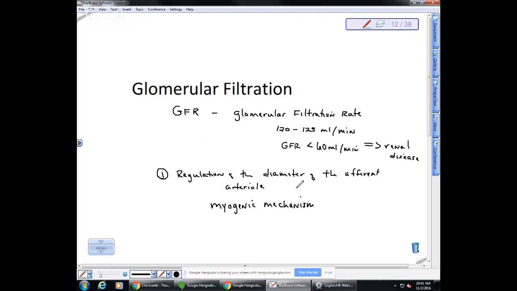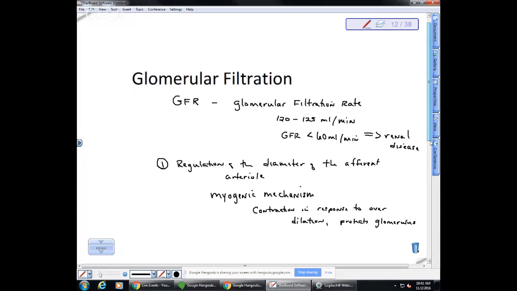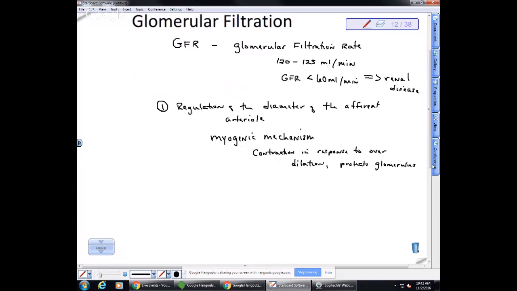So this is a contraction in response to overdilation, and this protects the glomerulus.